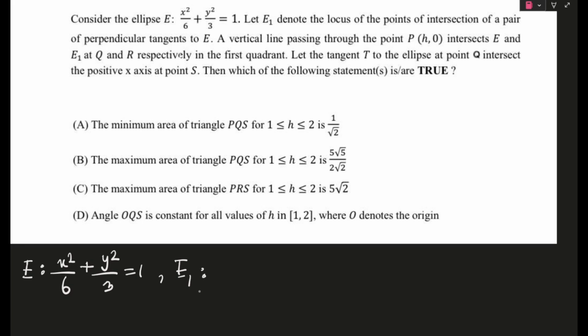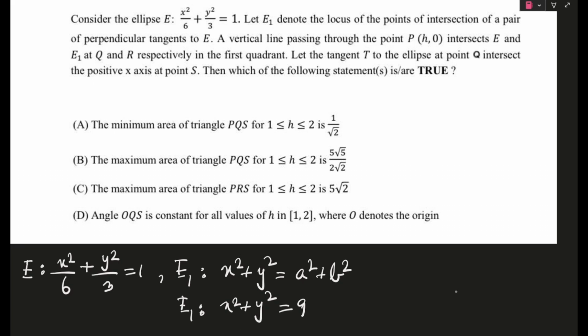So basically E1 is the director circle for the ellipse E. That's what they have tried to say. I guess you know the equation for the director circle, which is x square plus y square is equal to a square plus b square. So E1 will be x squared plus y squared is equal to 6 plus 3, that is 9. This is your E1.